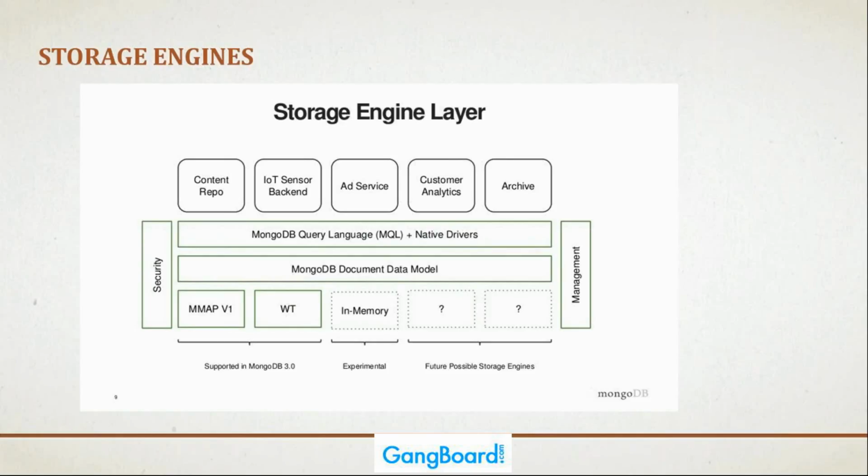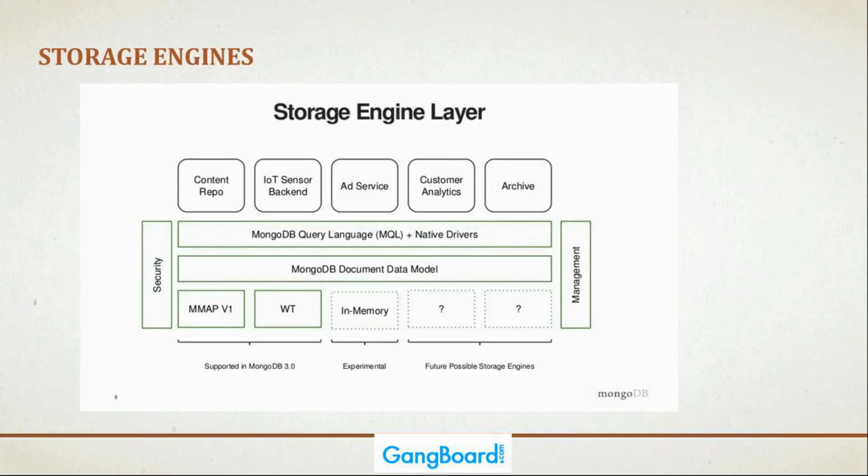In Oracle and other DBMS, we do not have this kind of multiple storage engines. The database itself takes care of storing the files and everything. But here it is not like that. We have different storage engines. Up to version 3.0, MMAPv1 was the default storage engine. In 3.0, WiredTiger became an optional storage engine. If you want, you can use WiredTiger as an optional storage engine, but at a time you can use only one.